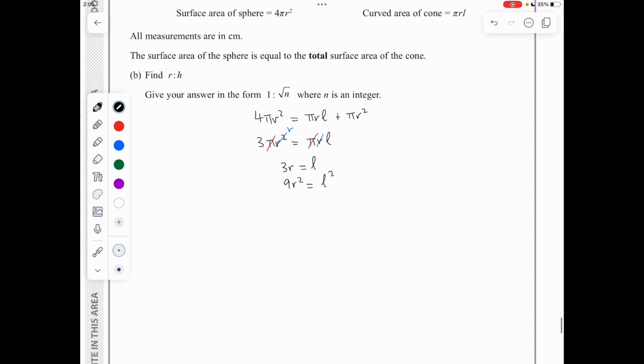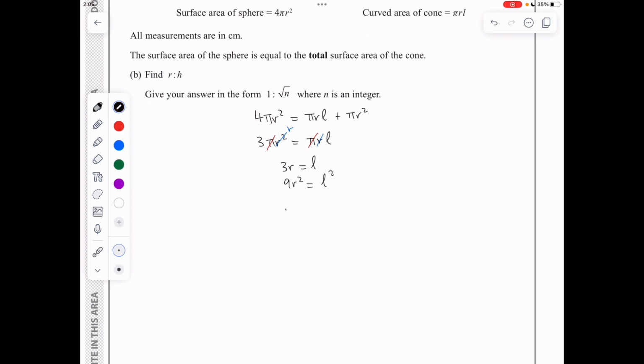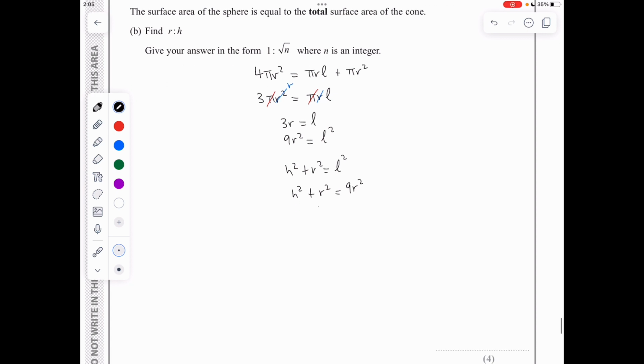So using the Pythagoras theorem that we have applied here in the cone, h² plus r² is l², we can substitute l² with 9r². So h² plus r² is 9r², which leads to h² is 8r², and therefore I can take square roots to get that h is √8 times r, and therefore 1 over √8 is equal to r over h, and therefore the ratio of r to h is 1 to √8.